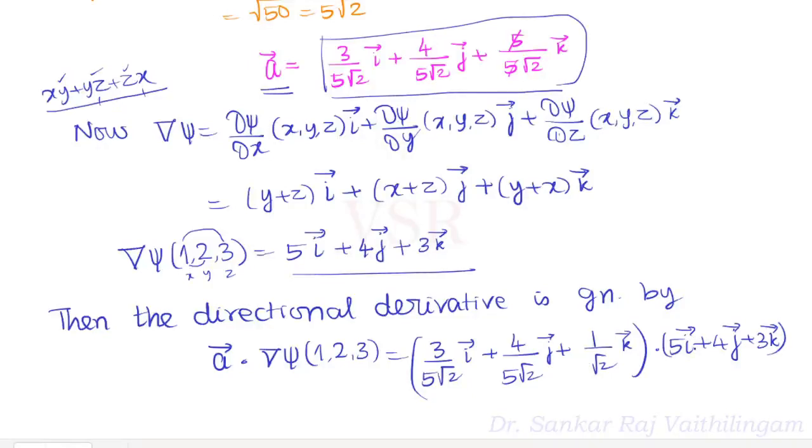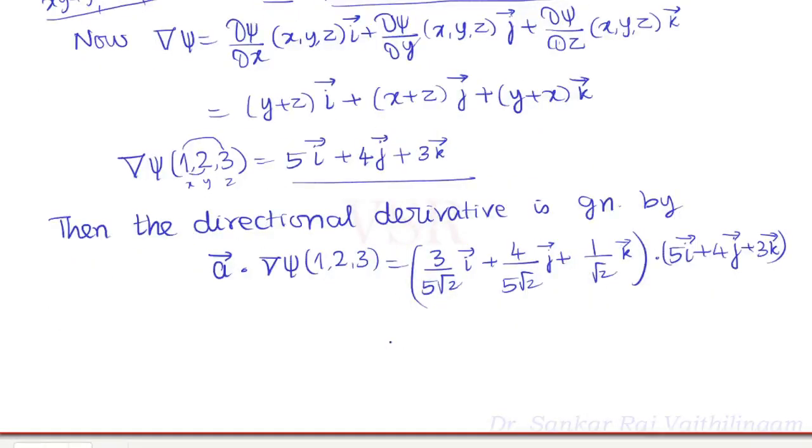So this is equal to 3 by 5 root 2 into 5 plus 4 by 5 root 2 into 4 plus 1 by root 2 into 3. Let us take that 1 by root 2 as 5 by 5 root 2, since the denominators become easy.